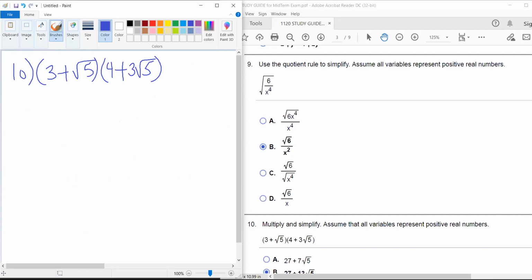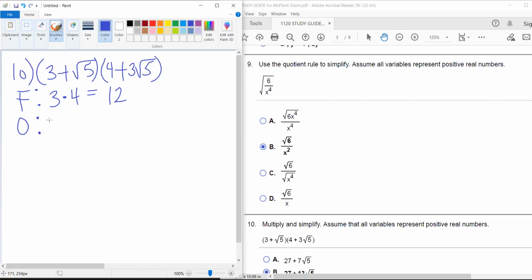And let's go over the FOIL method. The F stands for your first terms, the first term in each parentheses. So that would be 3 and 4 here. And we're multiplying our terms together. The O stands for outer terms.